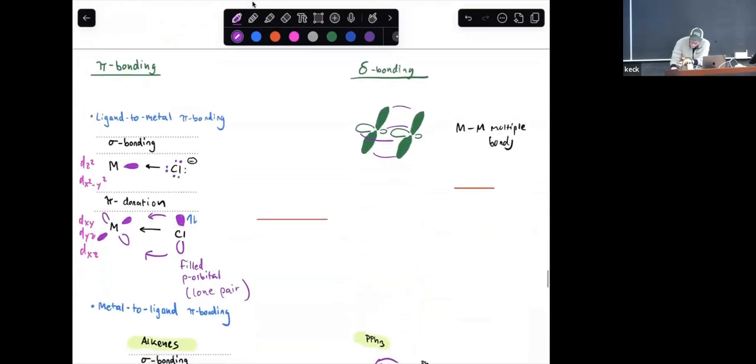And then there's a pi bonding interaction. Many ligands will, in fact, exhibit pi bonding, and there are two flavors of pi bonding. The first I'll introduce, we would call pi donors.